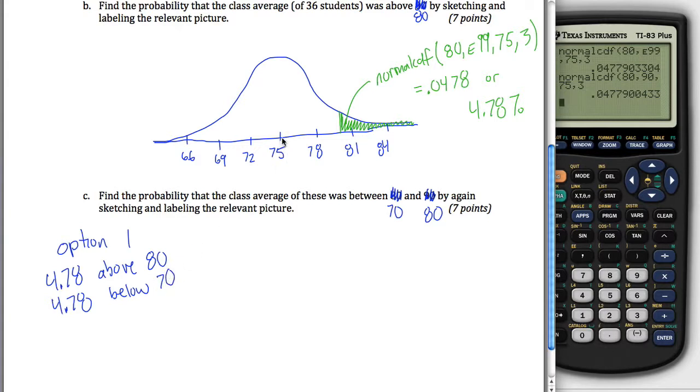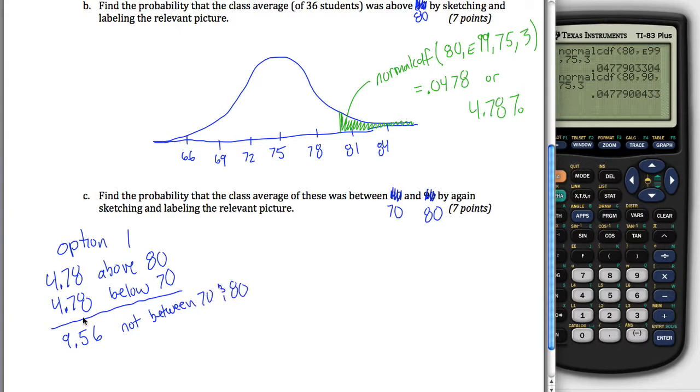Right, because 75 is my mean. So if this is how much is above 80 from part B, this is how much is below 70. And if I add those two up, I get 9.56. I think I added those right. 9.56 is not between 70 and 80.